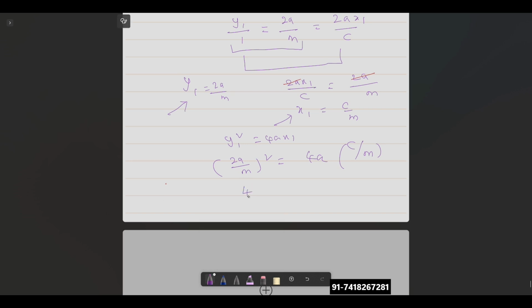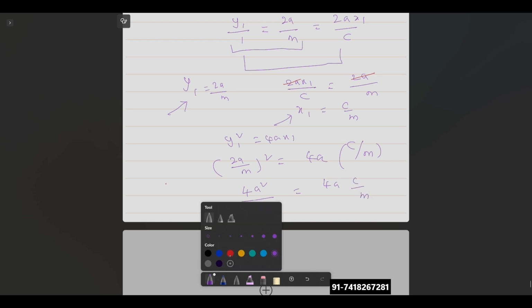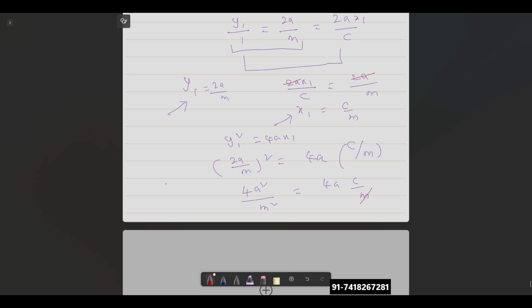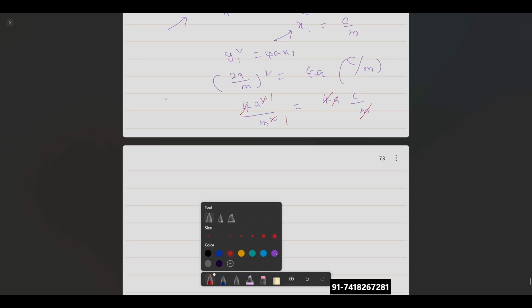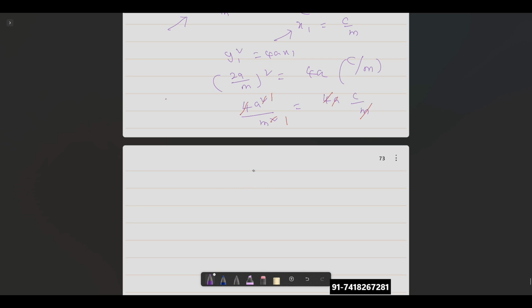This is 4a²/m² = 4ac/m. So you will cancel one m, and then you will have one m. 4 cancels, one a will go, another a will go, one will be there. What is your resultant? c = a/m. c should be a/m.